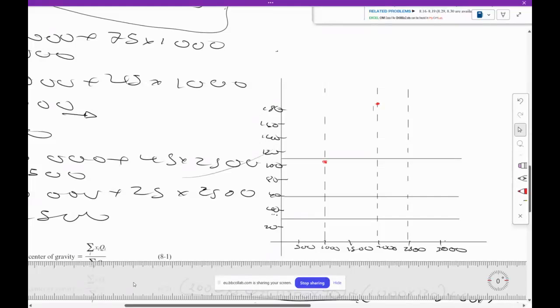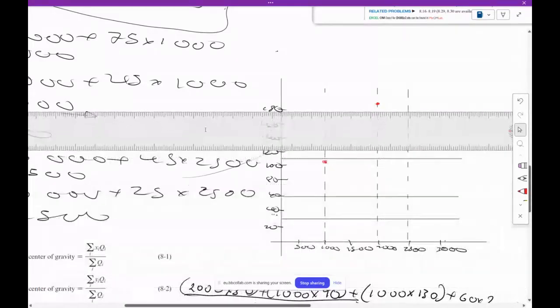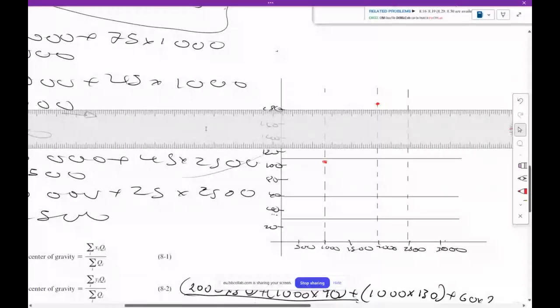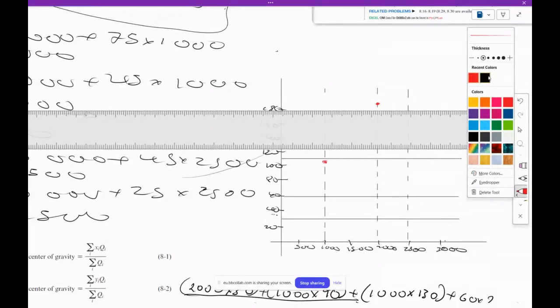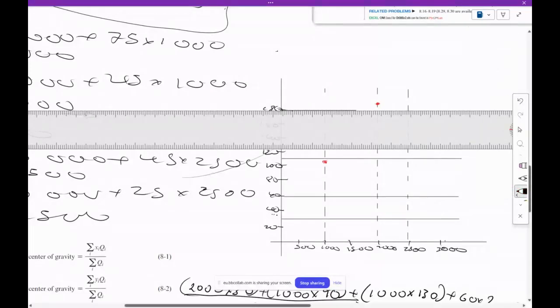Remember, we had a total cost of 180 at some point at 2000. You can indicate the total cost also on the straight line if you have to indicate them.